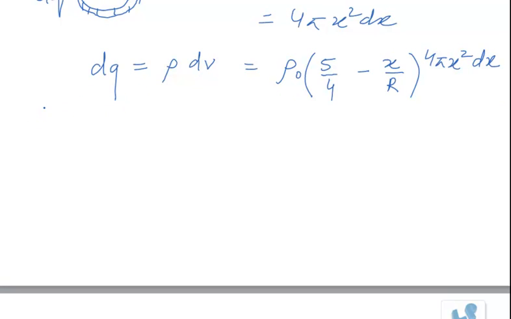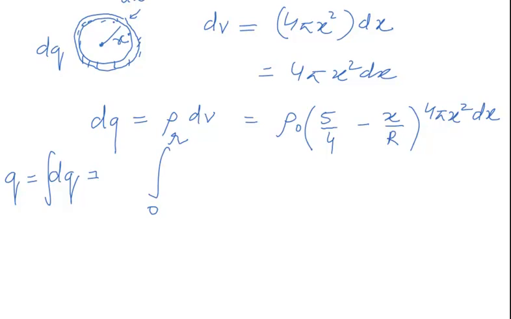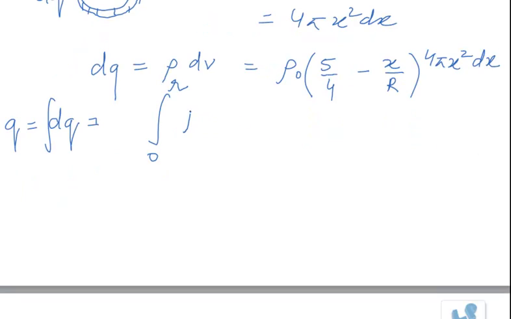If you integrate this expression for dq, you will get the total charge that is enclosed, and on the right hand side you have to put the limits of x, which is from 0 to small r, where r is this Gaussian surface radius. So rho naught (5/4 minus x/R) 4 pi x square dx.